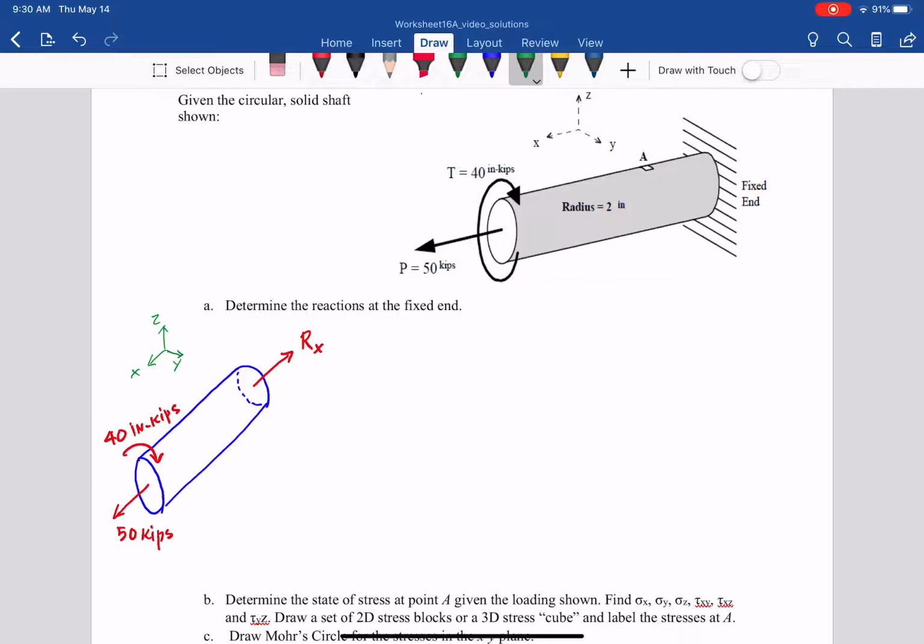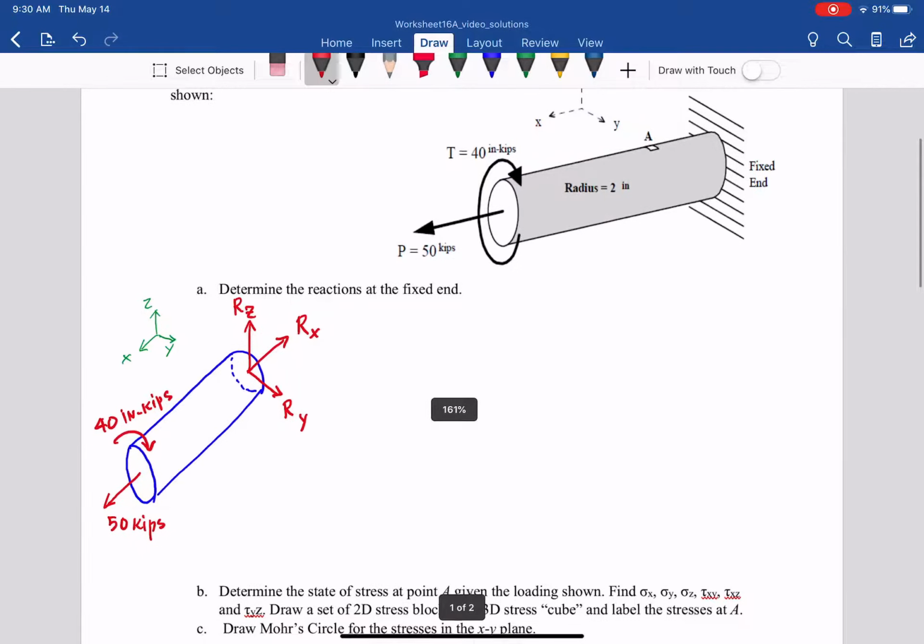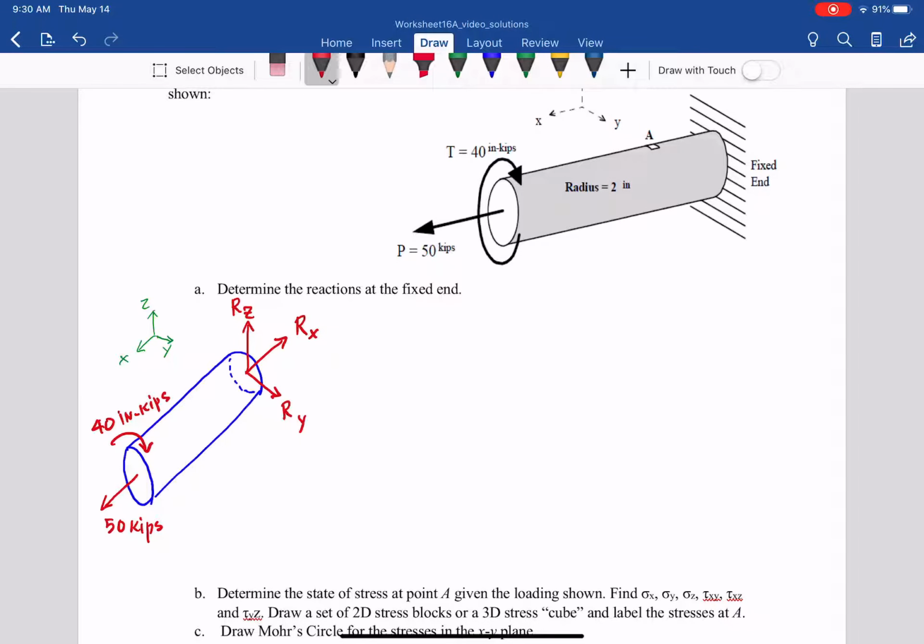First, the force reactions: Rx, Ry, and Rz. Then we have the associated moments, and let's assume they follow the right hand rule: Mx, Mz, and My. So there are 6 unknowns, as you know.